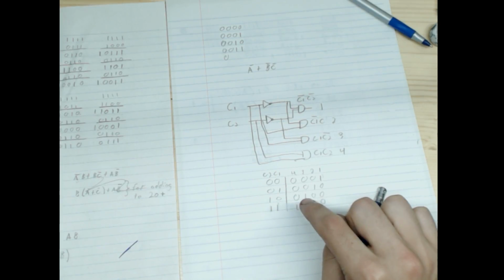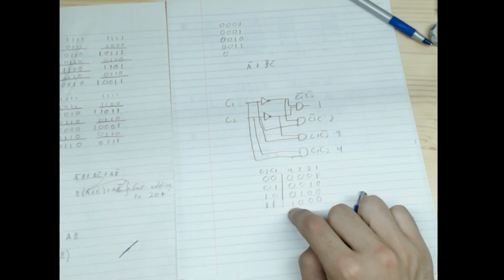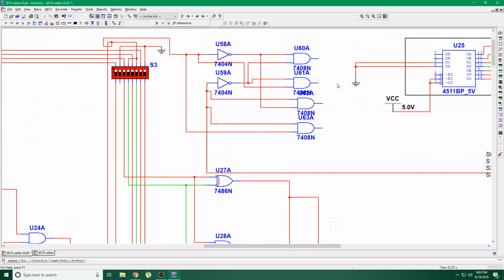If both of them are high, because you're adding 6 twice, output through 4. So we take this and we put this on 1, and we take 4 and we output this on 2.